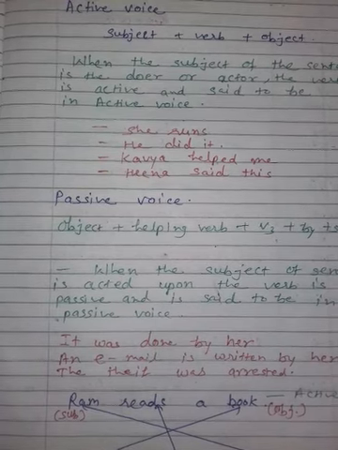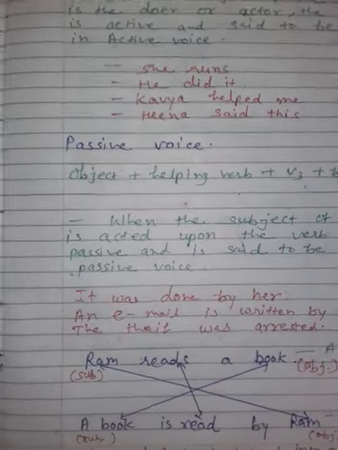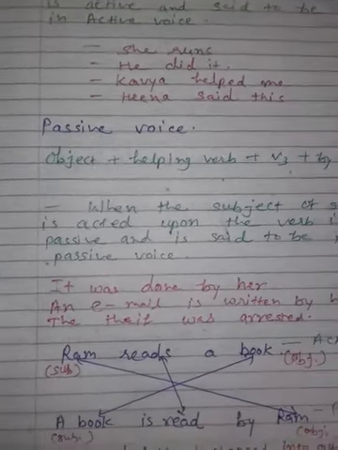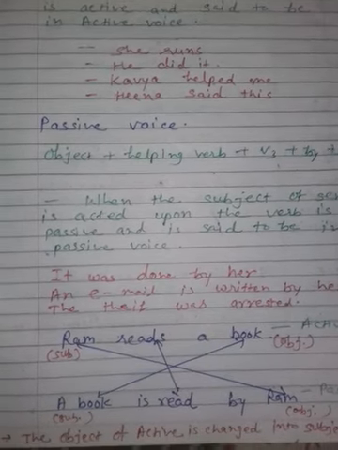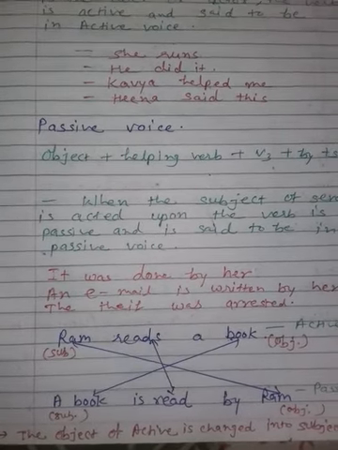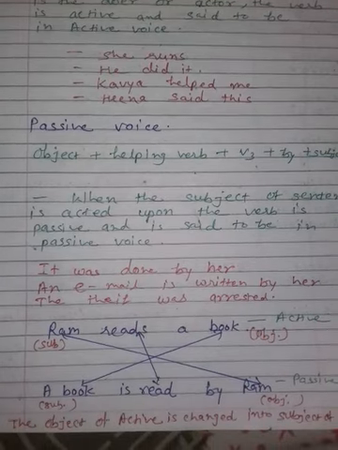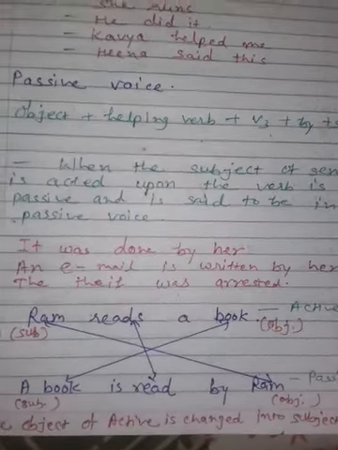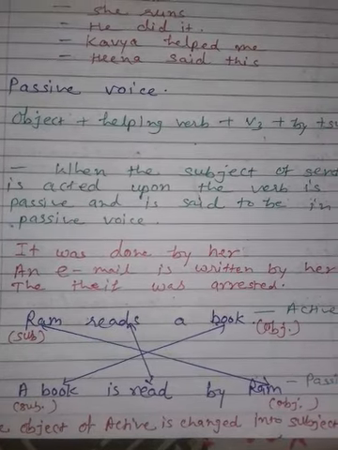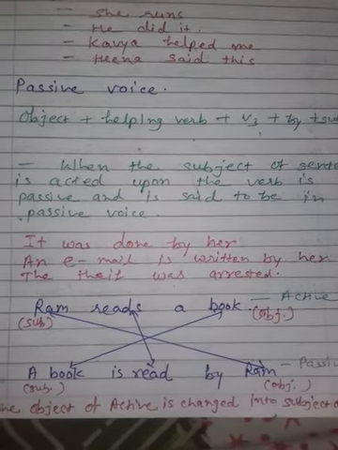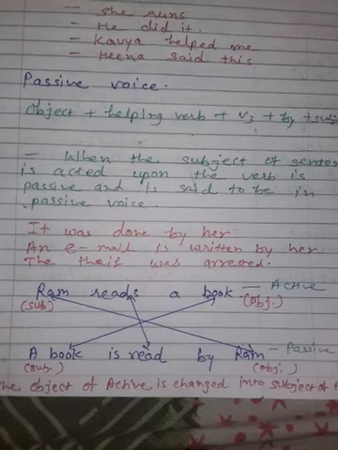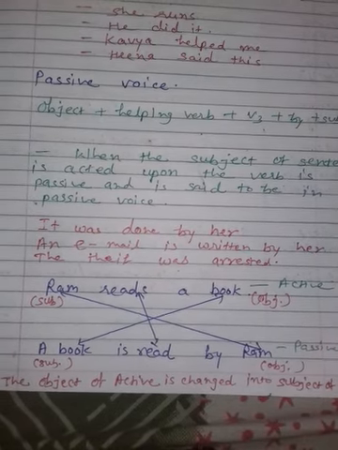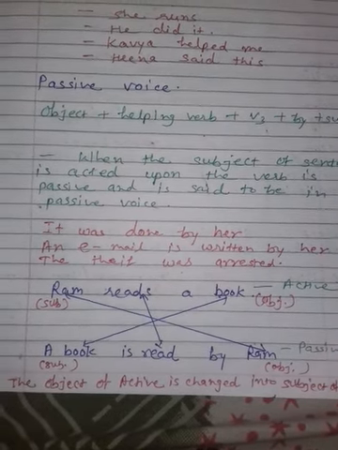Now we can see the passive voice. Passive voice structure is here: object plus helping verb plus V3 plus by plus subject. When the subject of the sentence is acted upon, the verb is passive and is said to be in passive voice.